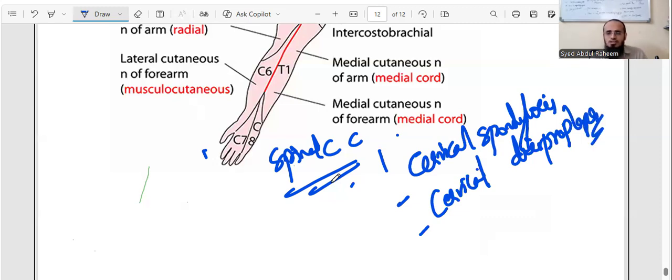Cervical spondylosis is the inflammation in and around the cervical bone, the cervical vertebrae, in any part, C3, C4, C5, C6, C7. Cervical disc prolapse, I showed you the disc. The disc is coming outside from its area and is compressing the spinal nerves.